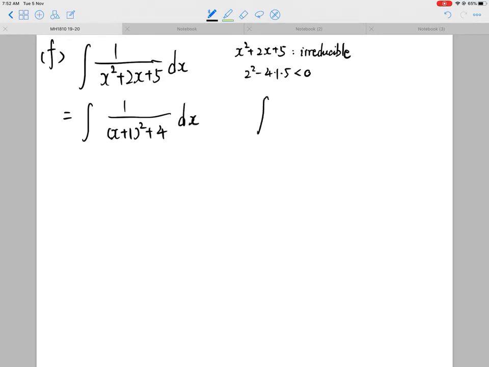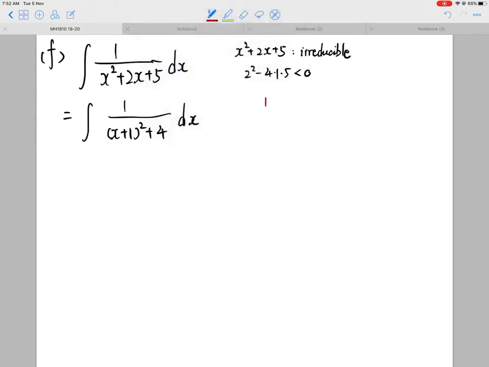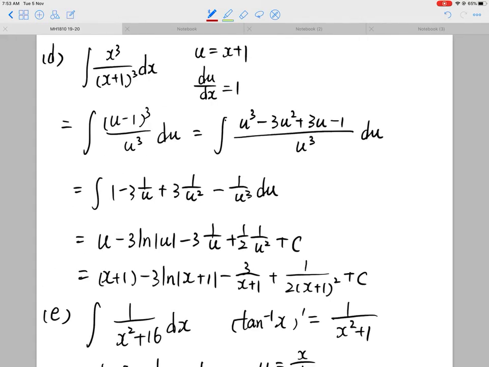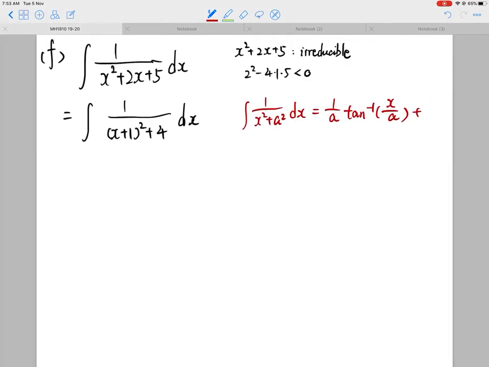Right, and don't forget about the formula we just introduced. It's the integration of 1 over x squared plus a squared, which is 1 over a tangent inverse x over a, plus c. So here I just want this to be my u.